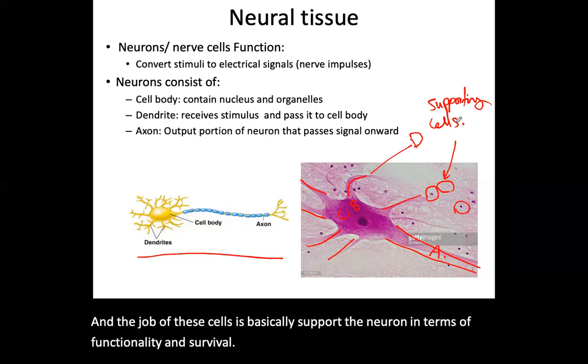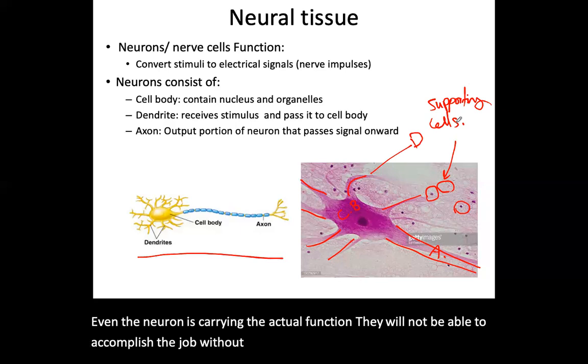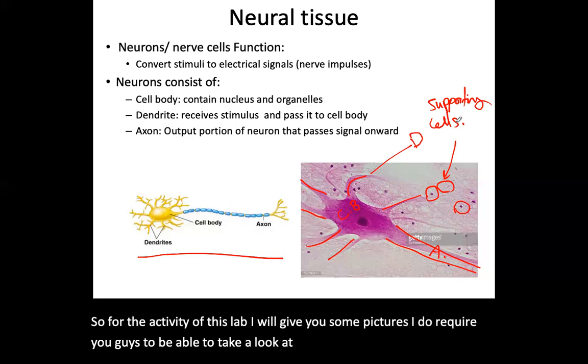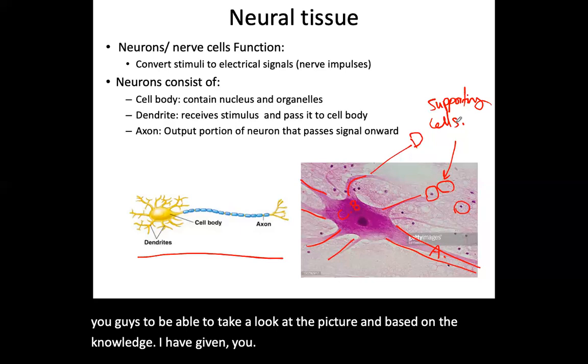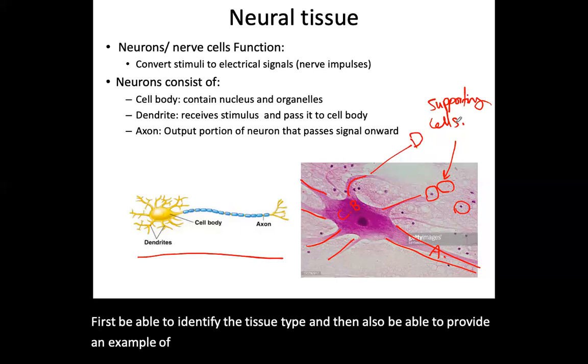Even though the neuron is carrying the actual function, it will not be able to accomplish the job without its supporting cells. So for the activity of this lab, I will give you some pictures, and I do require you guys to be able to take a look at the picture, and based on the knowledge I have given you, first be able to identify the tissue type, and then also be able to provide an example of the location of where each of these tissues can be found.